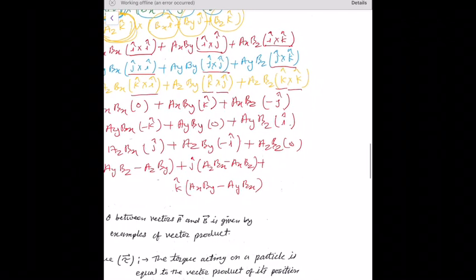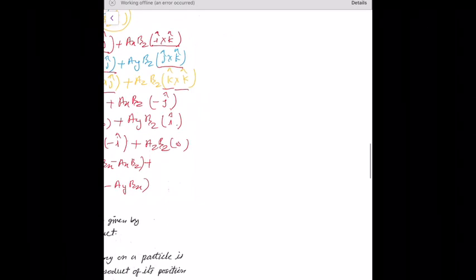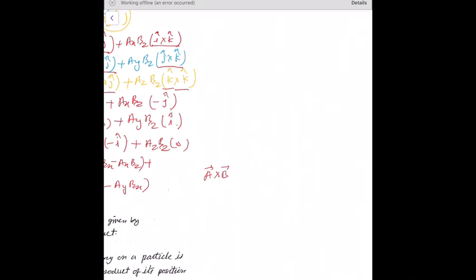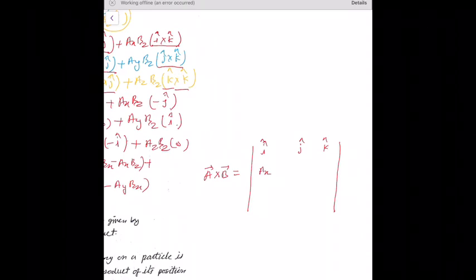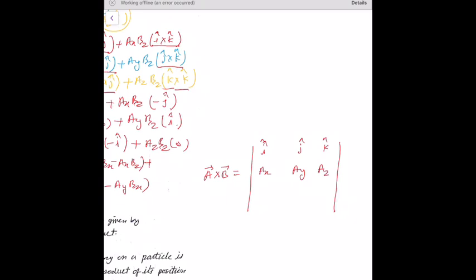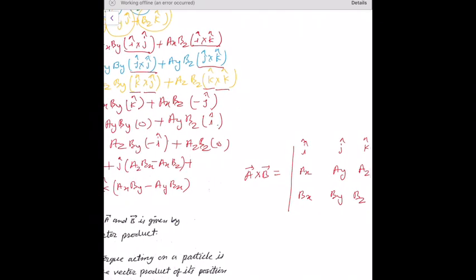This expression can be written in the form of a determinant as a vector cross b vector is equal to the determinant of I cap, j cap, k cap, ax, ay, az, bx, by, bz.